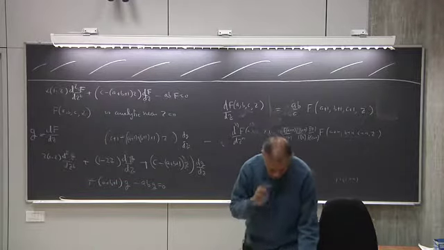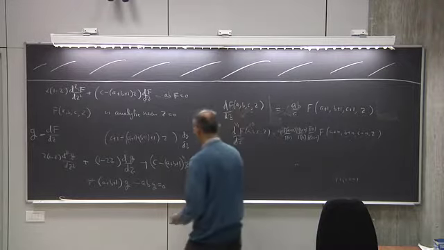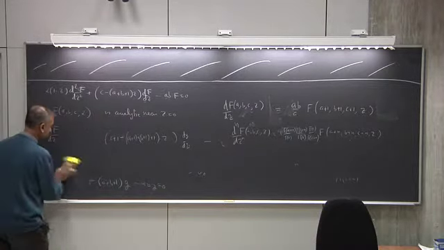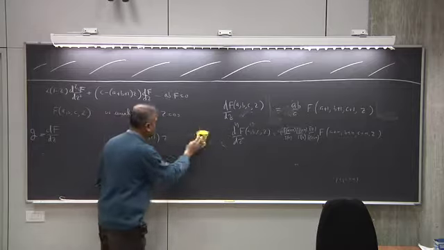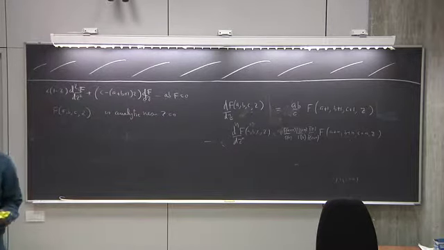Now there are some special cases of the hypergeometric functions. The hypergeometric function is the infinite series when I expand around z equal to 0. But for some special cases, that infinite series collapses to a finite series. It becomes a finite polynomial.